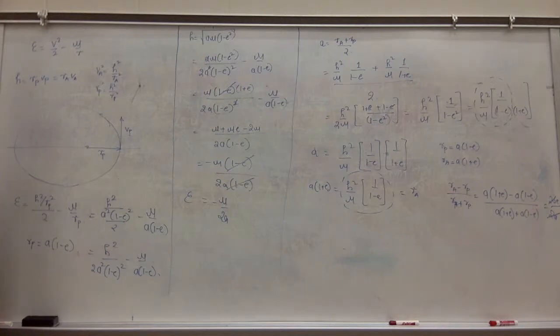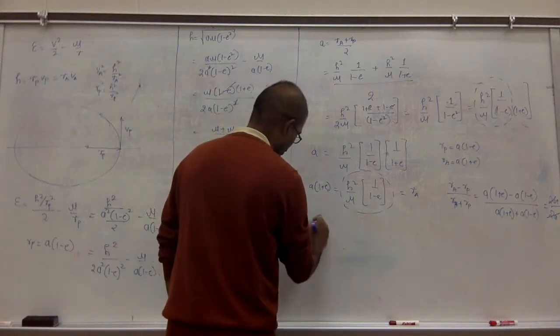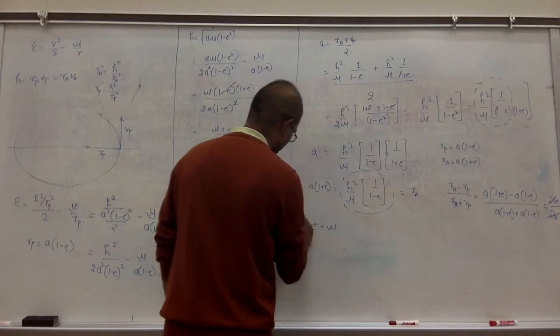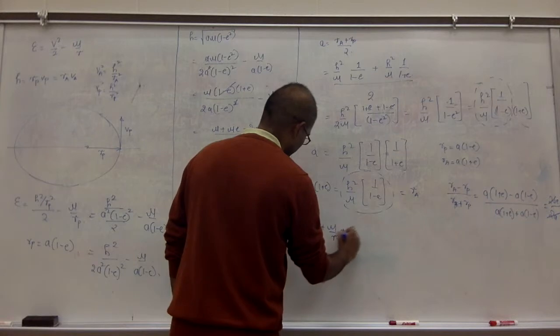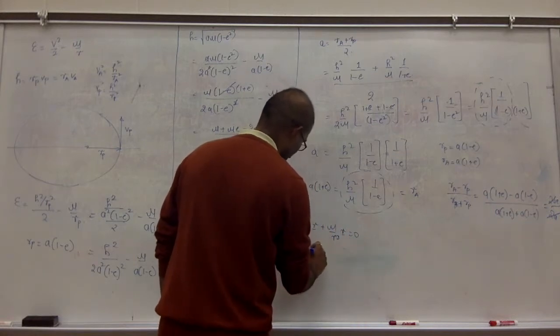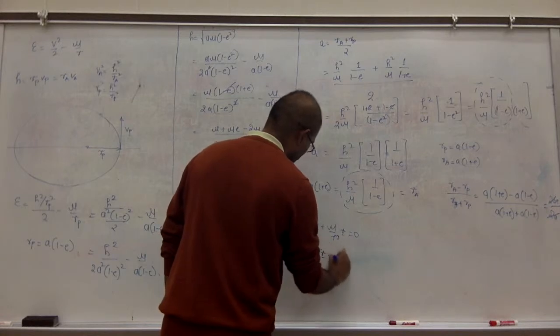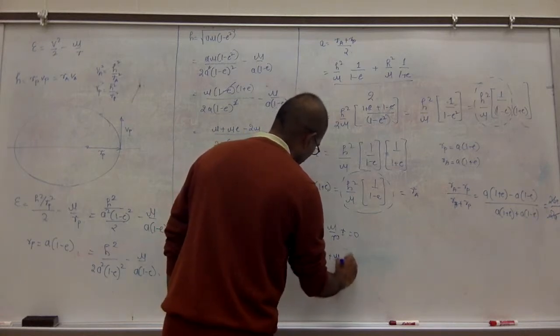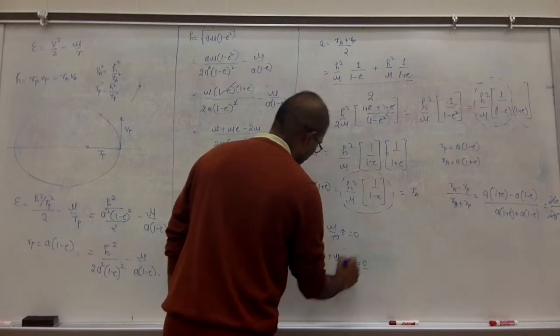You have proved all these conservation laws. This is just a 2-line answer. You just cross, take the third one, R cross with R double dot plus mu over R cube R. R cross with R is equal to 0, so this goes to 0.